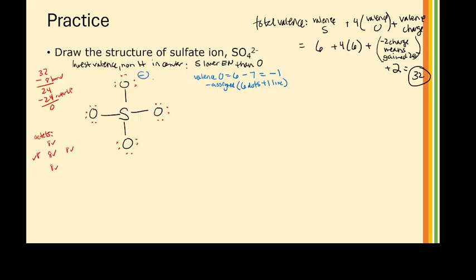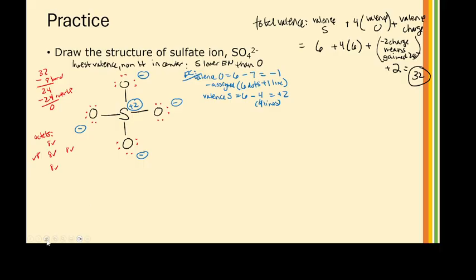So all of these would have a -1 charge. And then for sulfur, valence of sulfur is 6. This is my formal charges. Okay, so for sulfur it's 6, and then I see I have -4 for 4 lines equals +2. Right? So this is probably not my best structure.